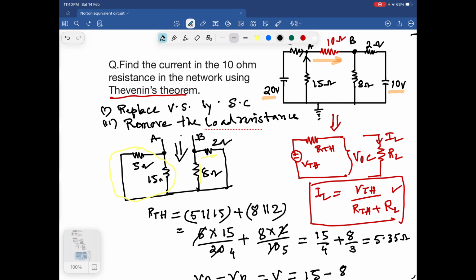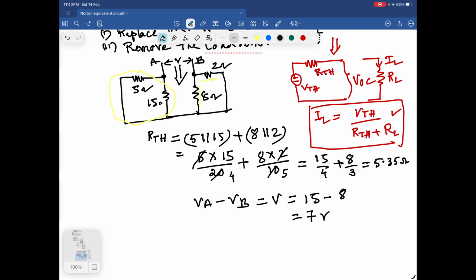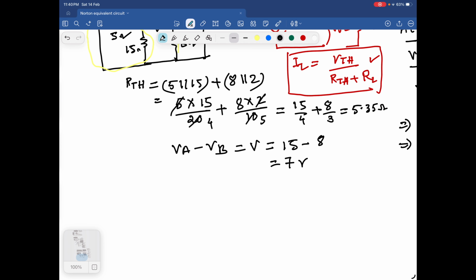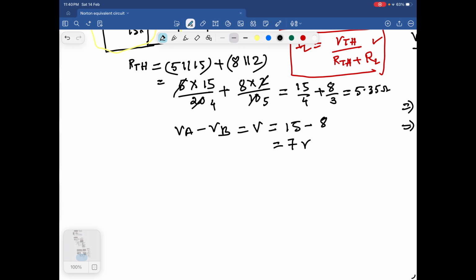This potential V is 7 volt, and we also know the equivalent resistance is 5.35. So now draw the equivalent circuit. This one is the 7 volt, this is 5.35 ohm, and this resistance RL is equal to 10 ohms.